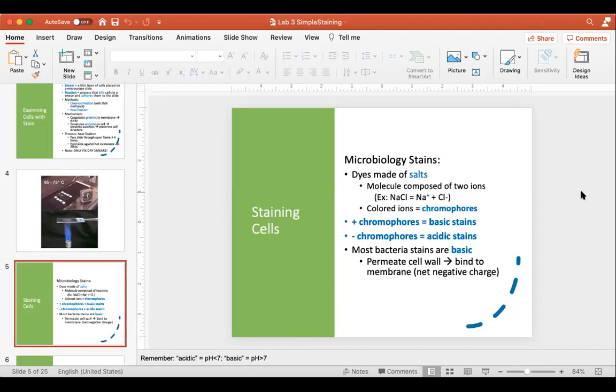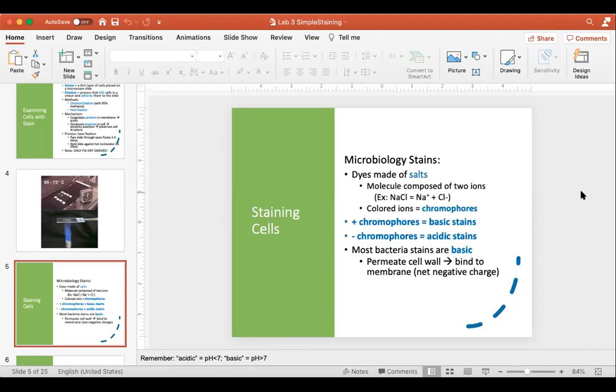It turns out that most of the stains that we use for bacteria are basic stains. Most of the stains that we use to stain bacterial cells, which is what we look at the most, are basic stains. So those have a positive chromophore in them.